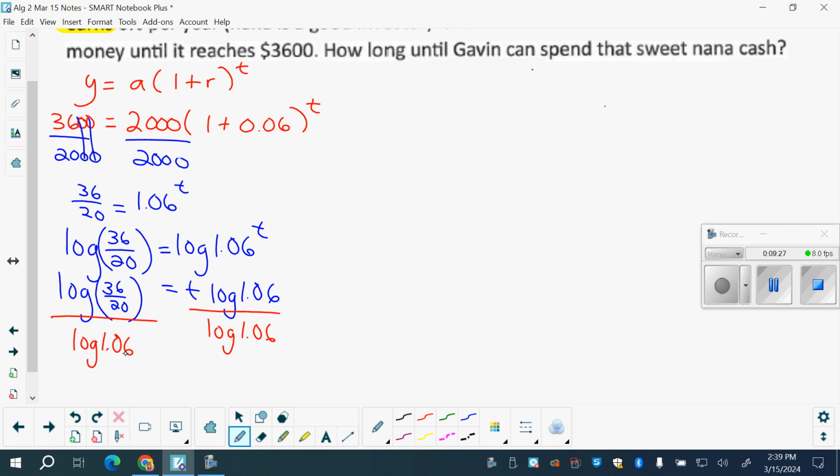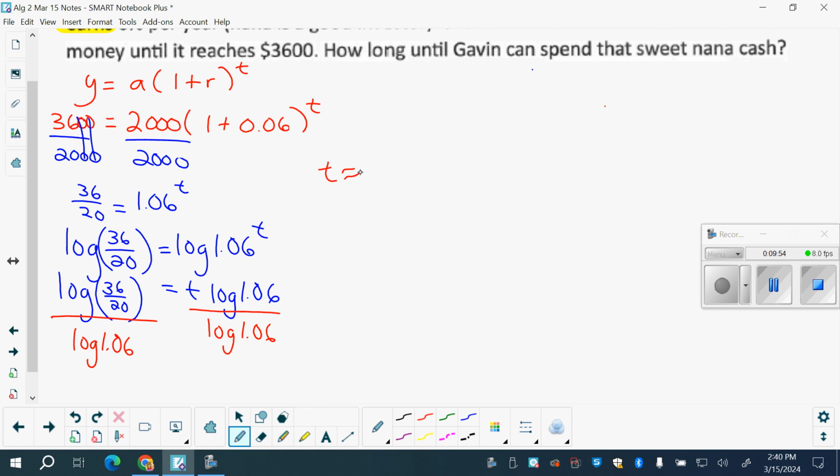So you're just going to do that on your calculator. And we're going to round it to the nearest tenth on this one, but you could round to the nearest hundredth if you wanted.